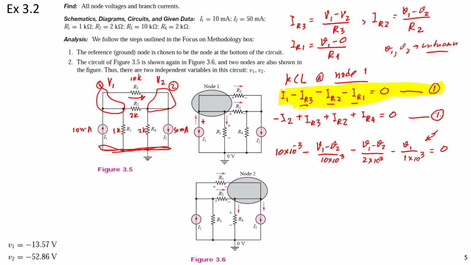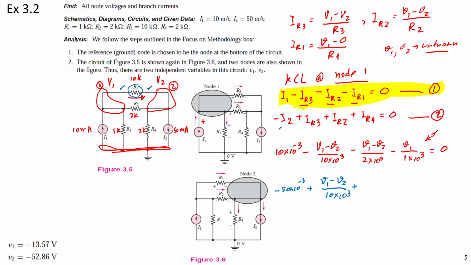This is equation 1. Now, come to equation 2. Minus I2 is minus 50 milliamp, right? Then plus IR3. What is IR3? IR3 is V1 minus V2 divided by R3, right?